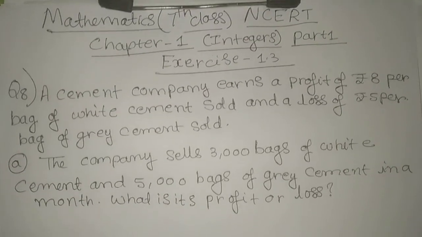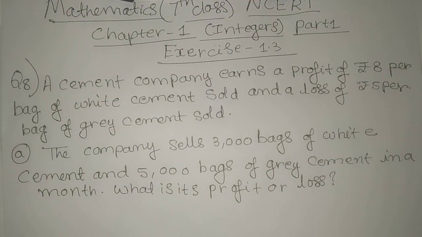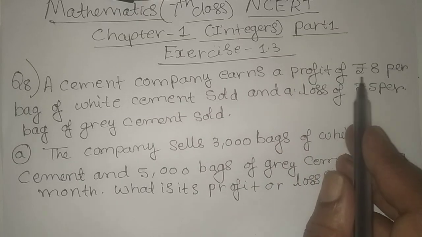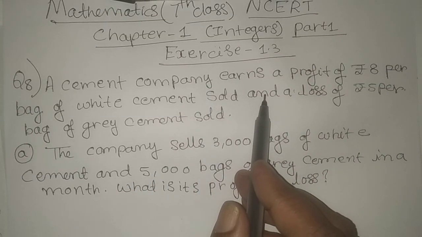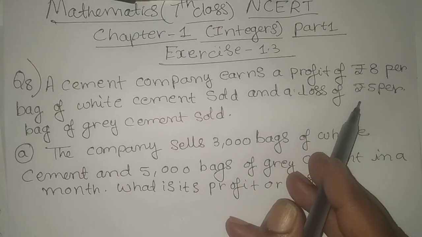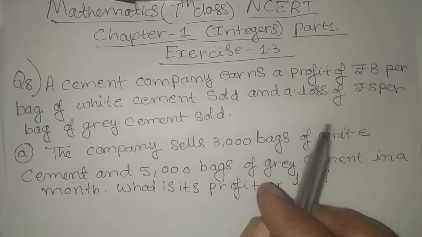Now we move on to question 8. A cement company earns a profit of ₹8 per bag on white cement sold and a loss of ₹5 per bag for grey cement.